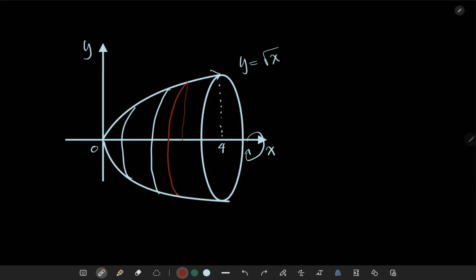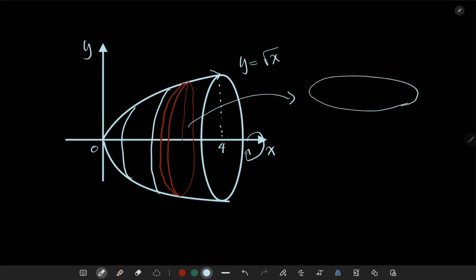If we cut a section here, what we obtain is going to be a cylinder of this form. I'm going to move it over here and draw it on its side.